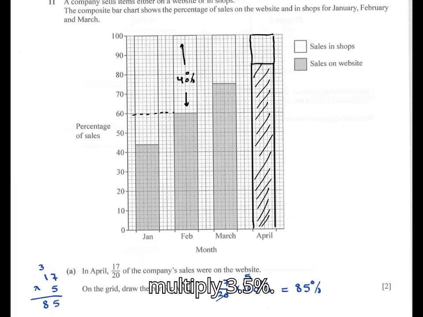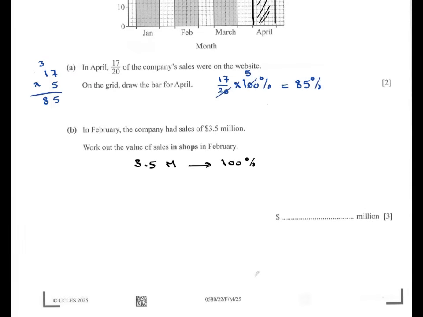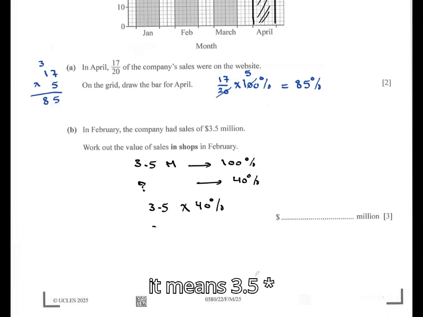So we have to multiply 3.5 million times 40%. It means 3.5 multiplying by 40 over 100.